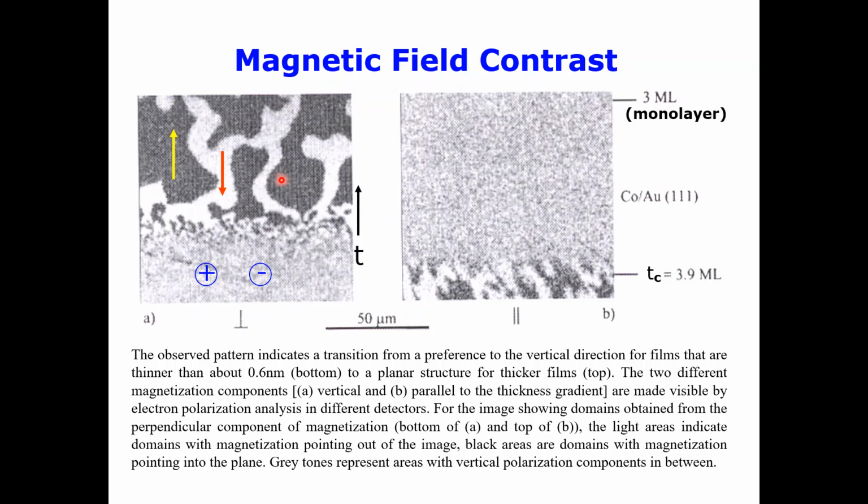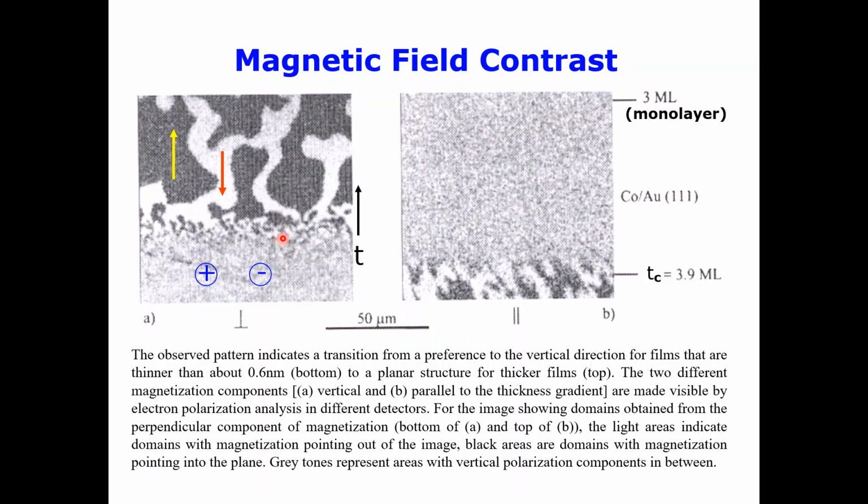The two different magnetization components you can see easily at figure A and figure B. At figure A we have mostly the vertical sense, and B is parallel to the thickness gradient. Both of these are made visible by electron polarization analysis and different detectors.